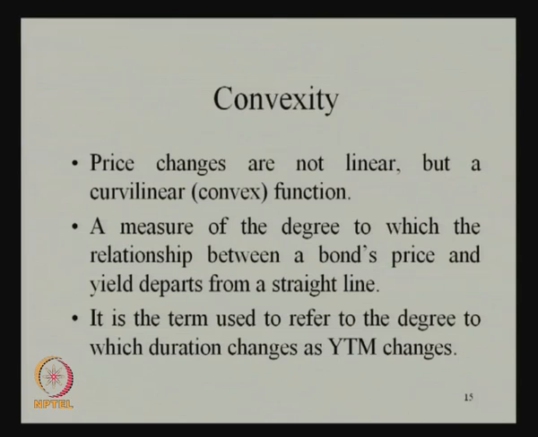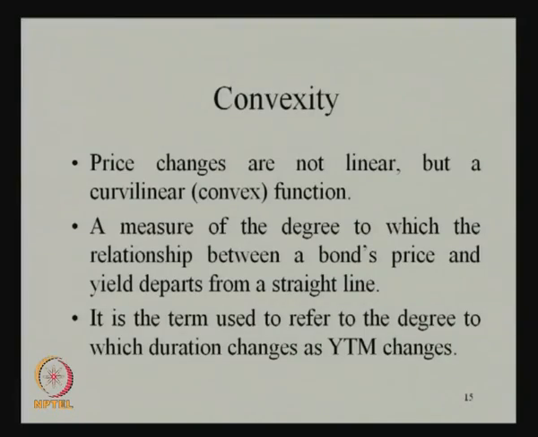It is the term used to refer to the degree to which the duration changes as the yield to maturity changes. If the yield to maturity or interest rate changes, how the duration also changes accordingly explains the concept of convexity in bond price volatility.